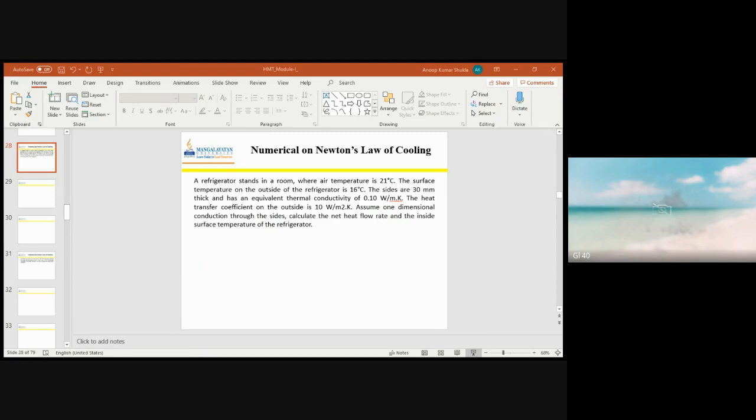Therefore, for the plane wall, when we apply Fourier law to Q upon A, it will give K, conductivity of wall, times outer temperature minus inner temperature upon L. This 50 is equal to this.